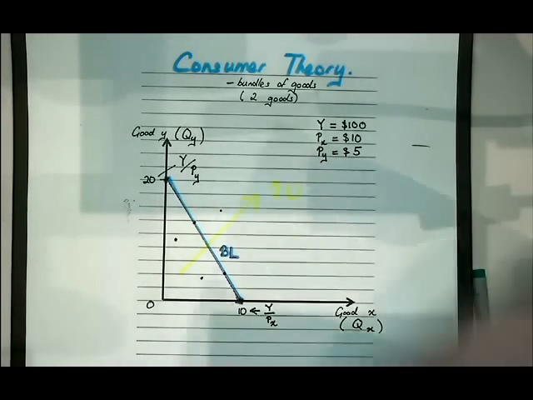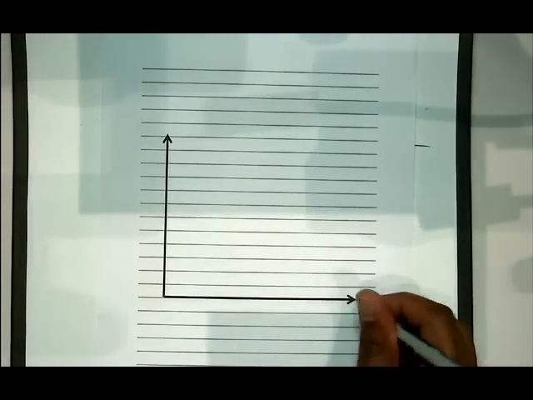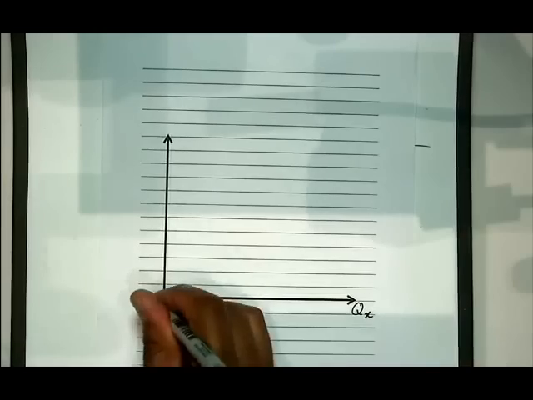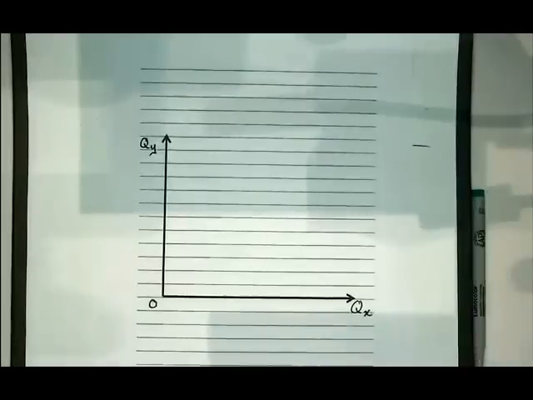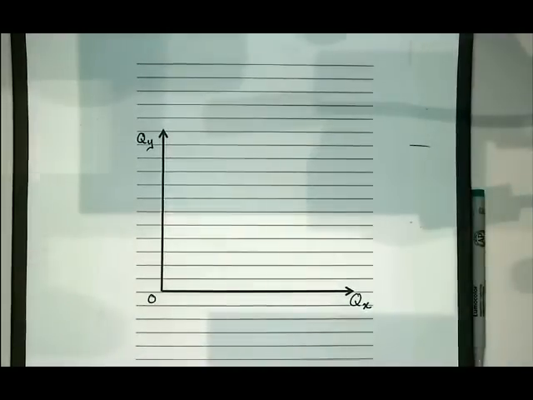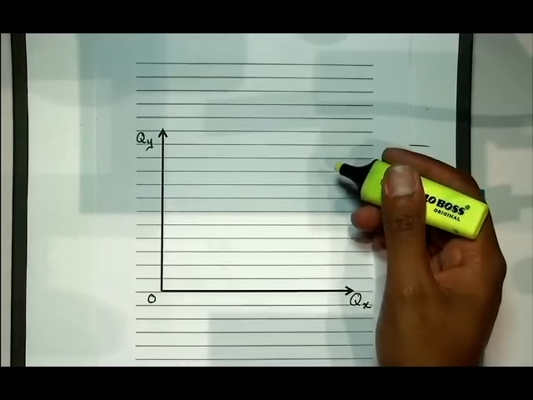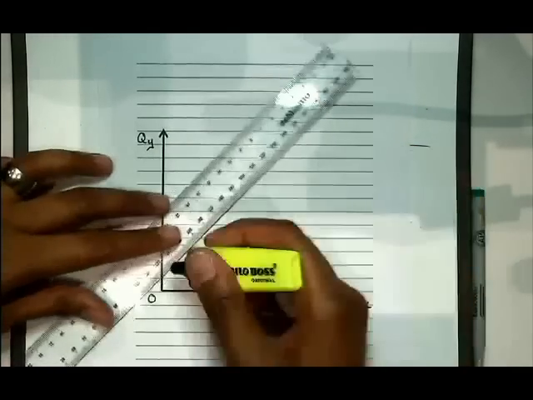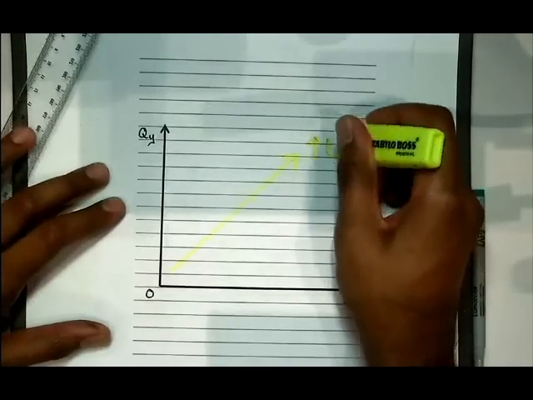Now we need to look at the consumer's choices. Two goods, good X and good Y. Let's look at a consumer's choices. We said that the further you go away from the origin, utility will go upwards.